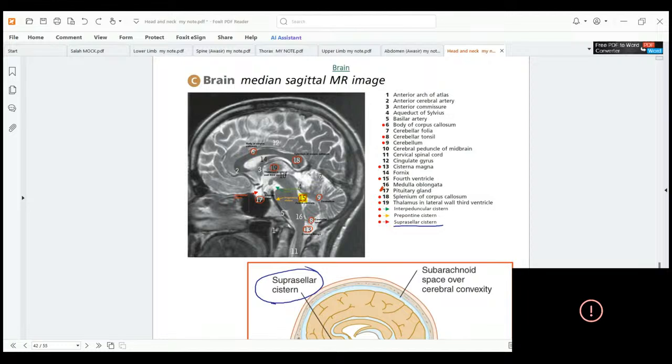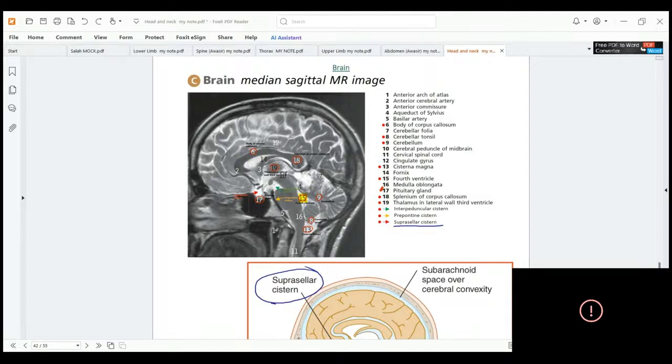Then 19 is the thalamus, not hypothalamus, in the lateral wall of the third ventricle.